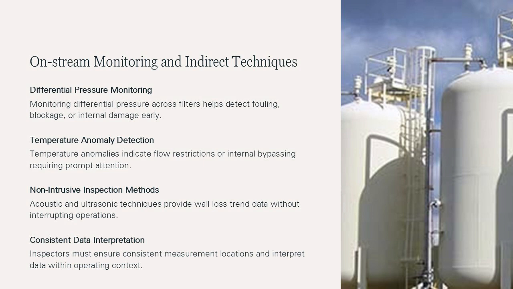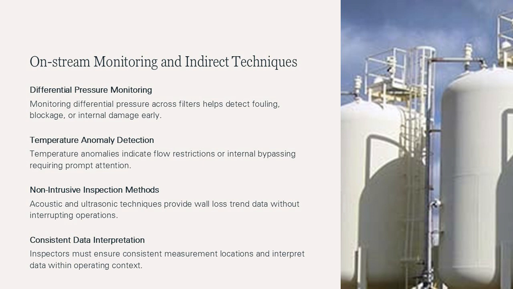In addition to visual checks, on-stream inspection may involve indirect monitoring techniques that provide insight into internal condition. Differential pressure across the filter is a key indicator of fouling or blockage and should be reviewed regularly. Unexpected increases may signal internal damage, collapsed elements, or excessive debris accumulation. Temperature anomalies can indicate flow restriction or internal bypassing.